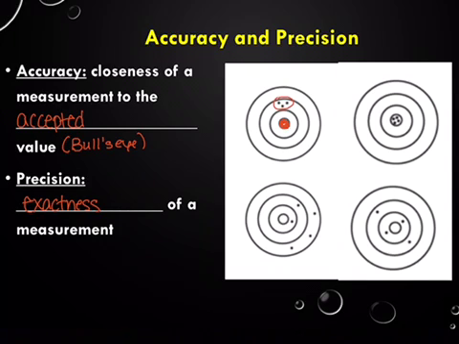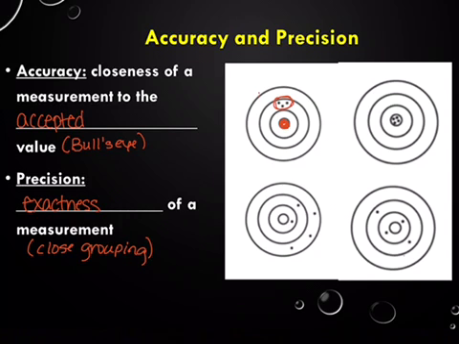So it's not 100% accurate, but it's not like the shots missed the target. So it's not very accurate. However, it is very precise because these 3 shots are almost in exactly the same spot. They're exactly grouped together. I think of precision as a close group or grouping.